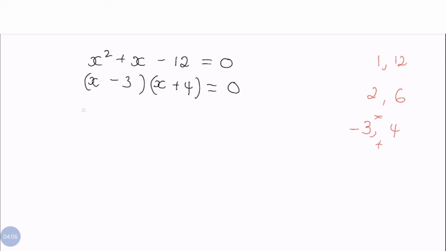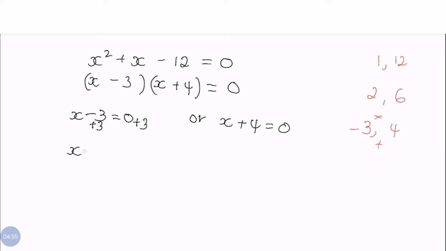So the next thing we'll do is write x minus 3 as it is equal to 0, or x plus 4 equal to 0. Then on this side we have to take the negative 3 on the left hand side to the right hand side. And how do we do that? We add the 3 on the right hand side as well.